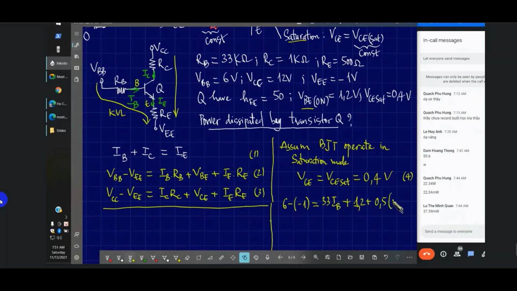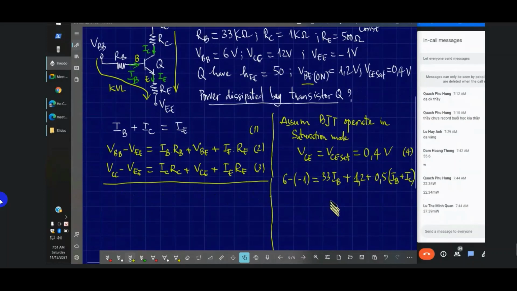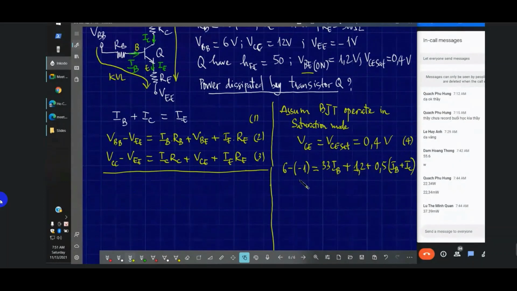And then we have the two-variable equation like 33.5 IB plus 0.5 IC equal to 7 minus 1.2. 7 minus 1.2 is 5.8 or something.